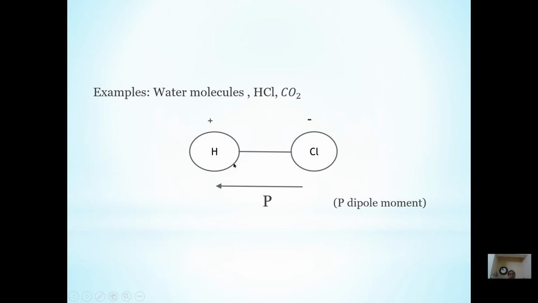The distance between these two charges is taken as R. Then dipole moment P is given by the product of charge and the distance between them, that is P equals Q into R. And this dipole moment always has a direction from negative to positive side.